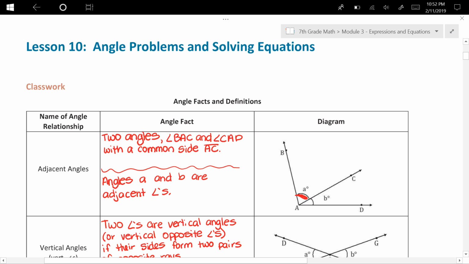And it is right next door to angle CAD right here. And it has a common side, which is this line here, called AC. And when you have these two angles, they are what is called adjacent angles.